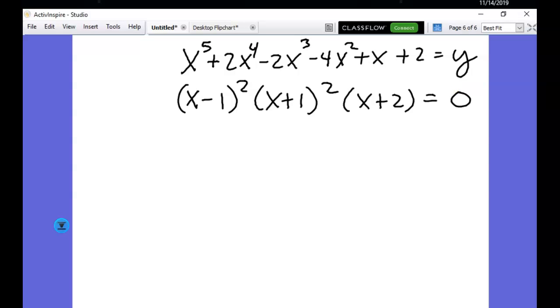So I just want to show you guys how quick this can be once you have the idea, right? So you're going to make a graph. The first thing I'll do is put all my roots: +1, -1, -2. You got to change the signs. These are even powers, so those are both bounces. The ones are both bounces. My y-intercept is 2.